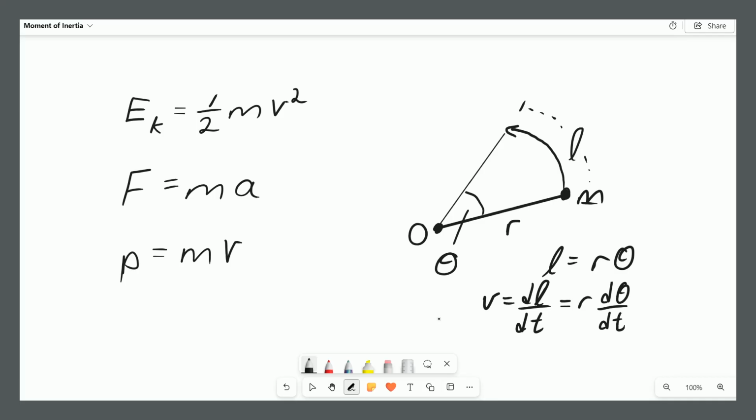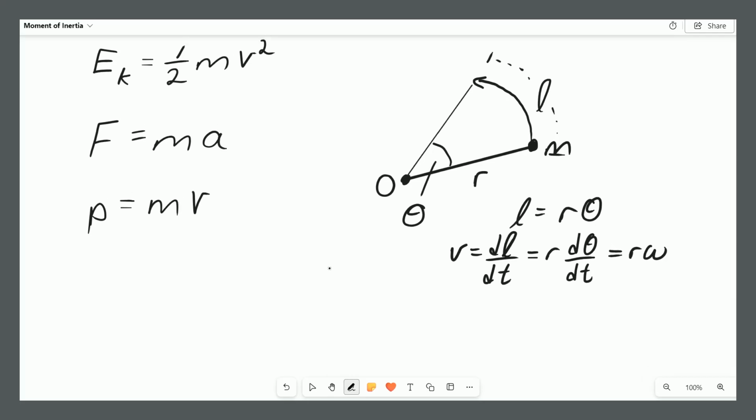Okay, so the time derivative of theta, well, we can define that as omega and call it angular velocity. And so we have our tangential velocity is equal to the radius multiplied by angular velocity. Okay, our tangential velocity is always tangent to where the point mass is as it rotates.